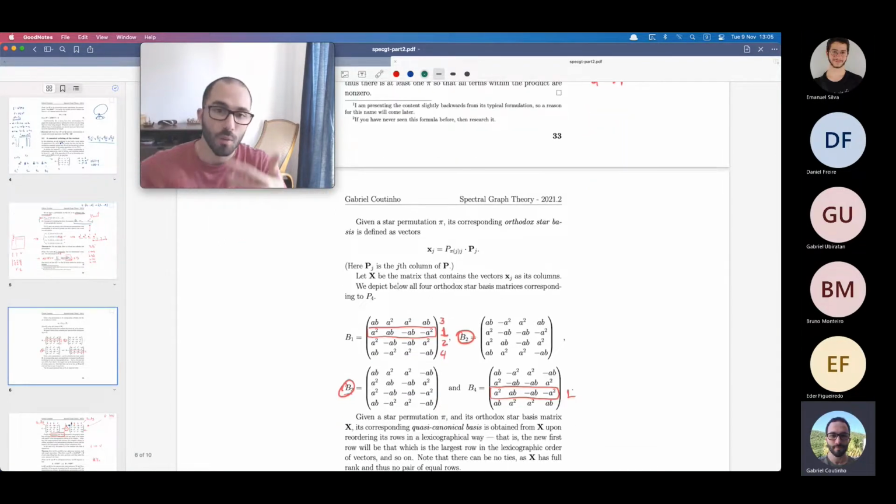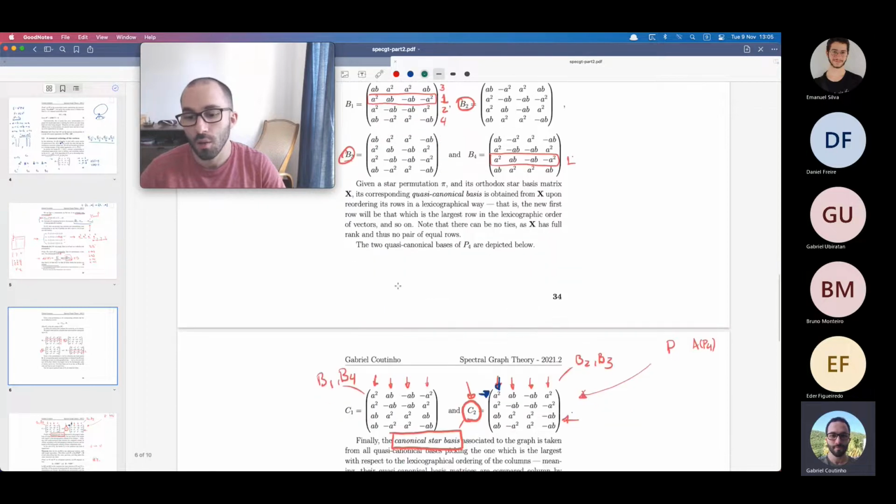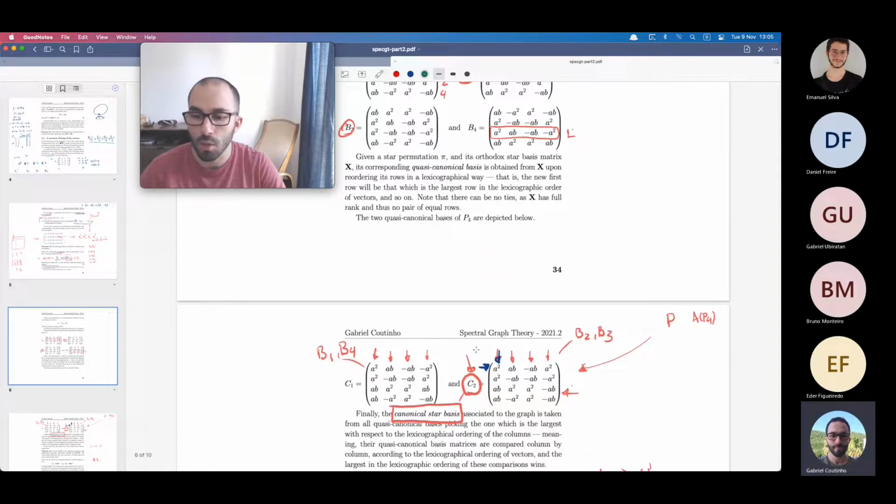Then we reordered rows according to the lexicographic ordering of rows. Then we picked the one whose columns were lexicographically bigger amongst all of those.